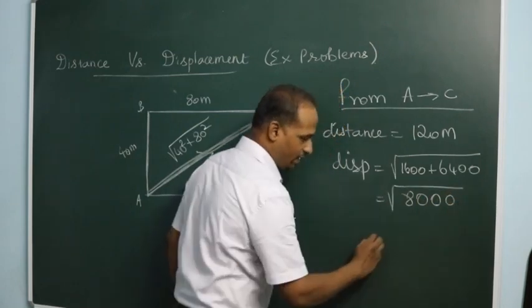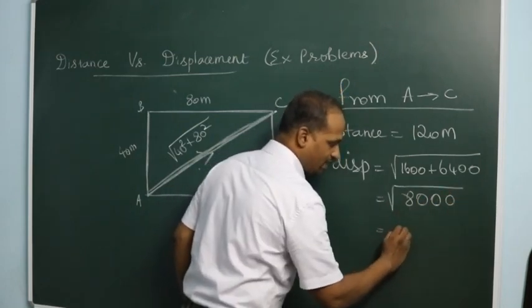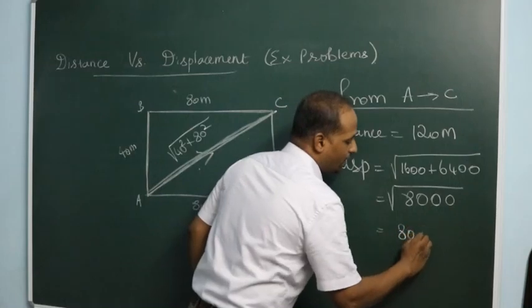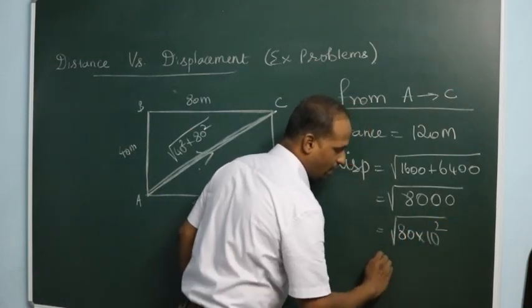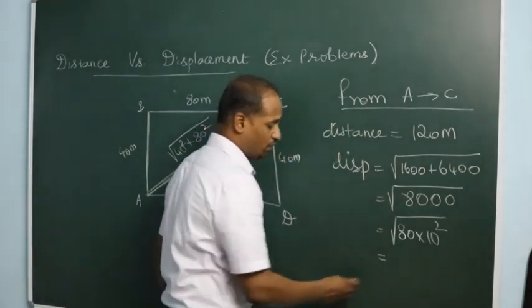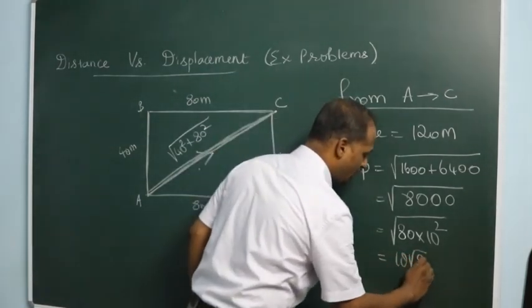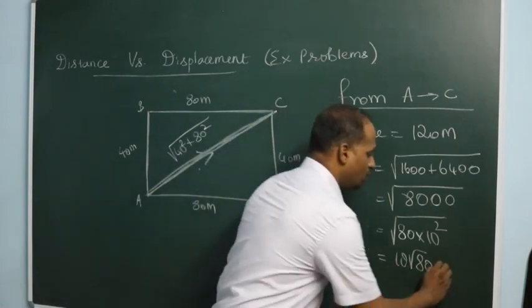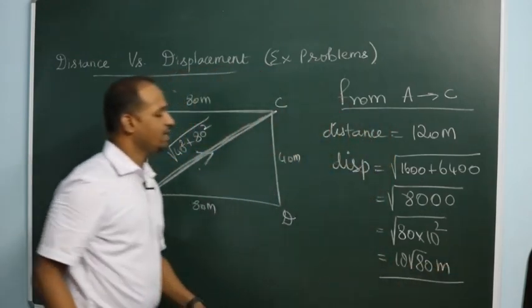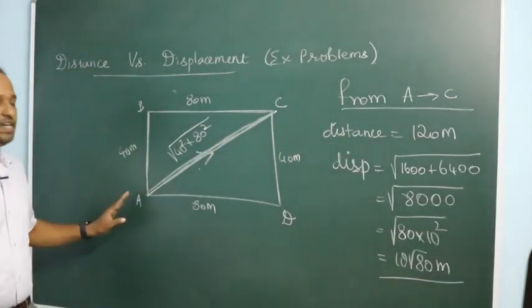Root over 8000. So you can write this as 80 into 10 power 2. And 10 power 2 comes out, it becomes a 10, so it is 10 root 80. So you can further simplify this. I'll stop here. So the displacement here is 10 root 80 meters.